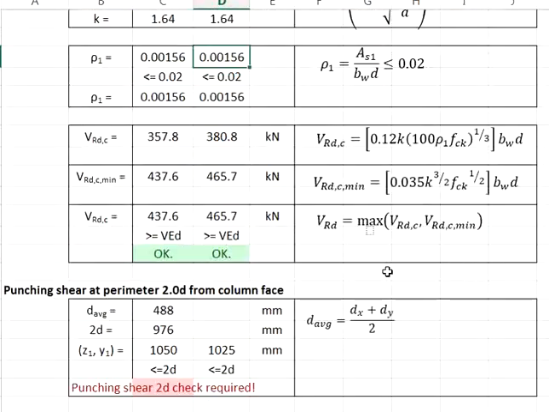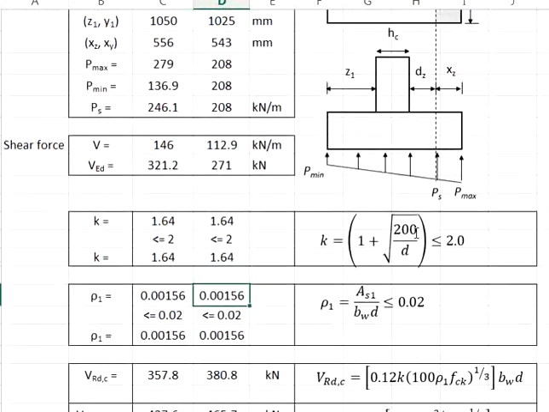Having the VRd,c minimum calculated, we can now determine the shear resistance, which is the greater value between the VRd,c and the VRd,c minimum. You will do the same for the minor axis. Once you have concluded the shear resistance, compare it with the shear force calculated earlier based on the ultimate soil pressure.